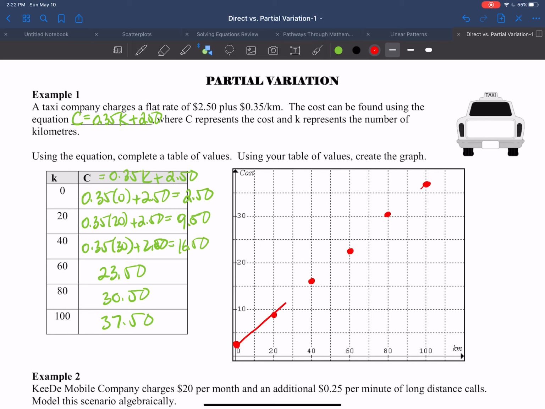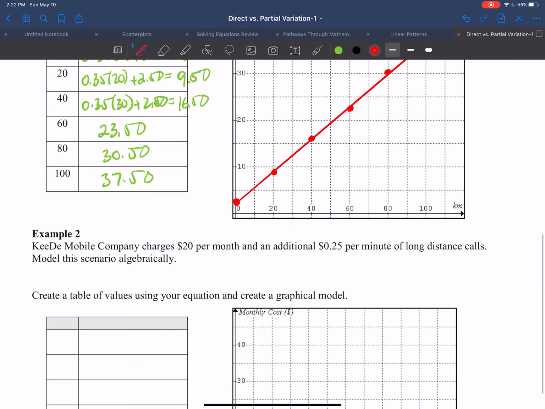And you take a ruler and connect it, draw your line of best fit. Okay, and again, we're going to come back and look at the equation, the table of values, and the graph, and see what the similarities are.